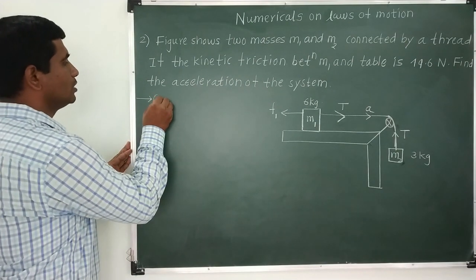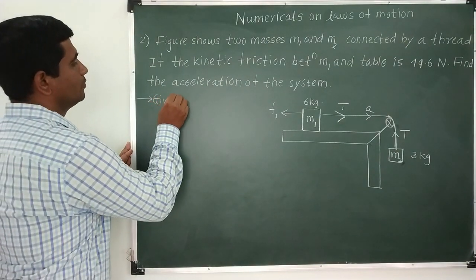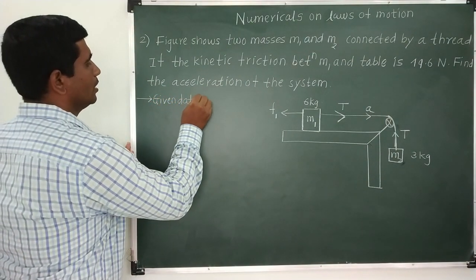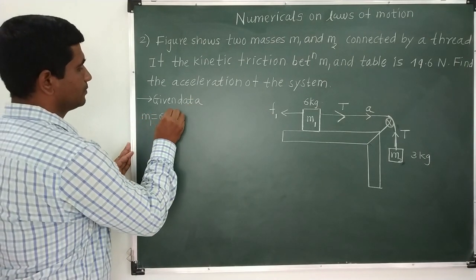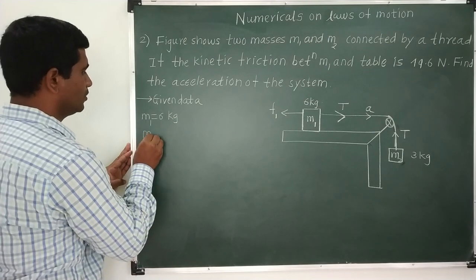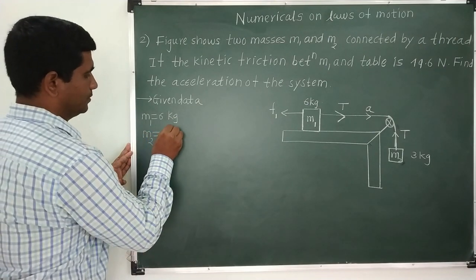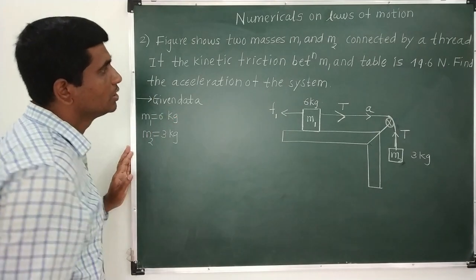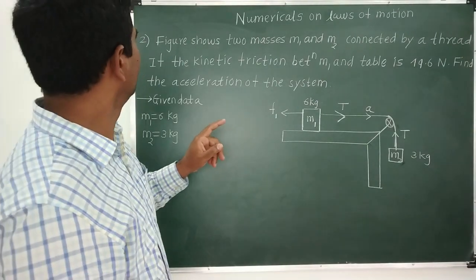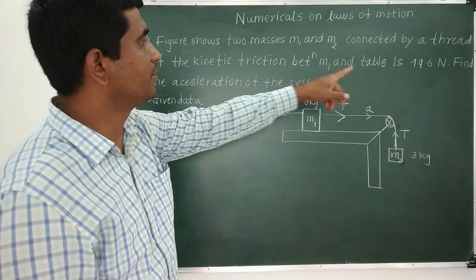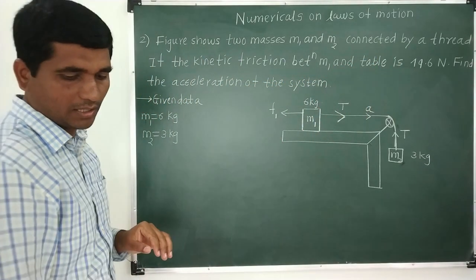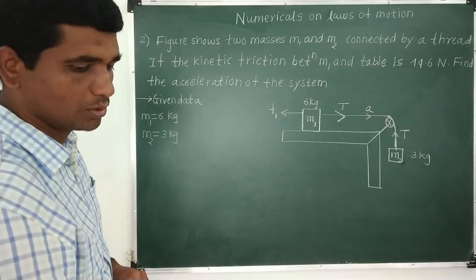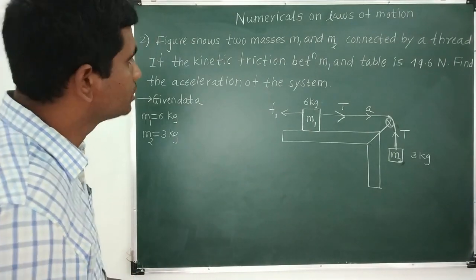So we will write down the given data. M1 is equal to 6 kg, M2 is equal to 3 kg, and the kinetic friction between M1 and the table is given as 19.6 Newton.